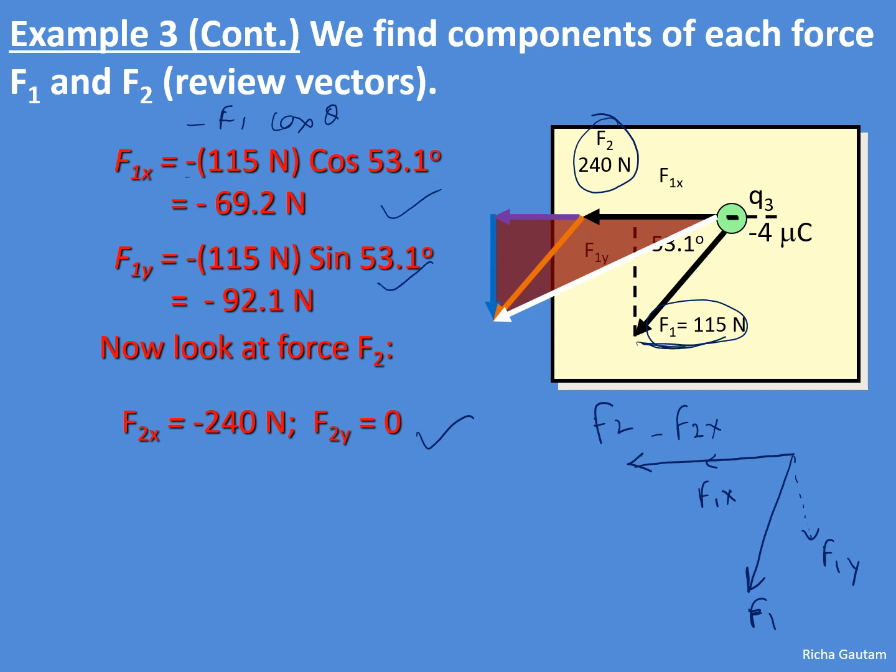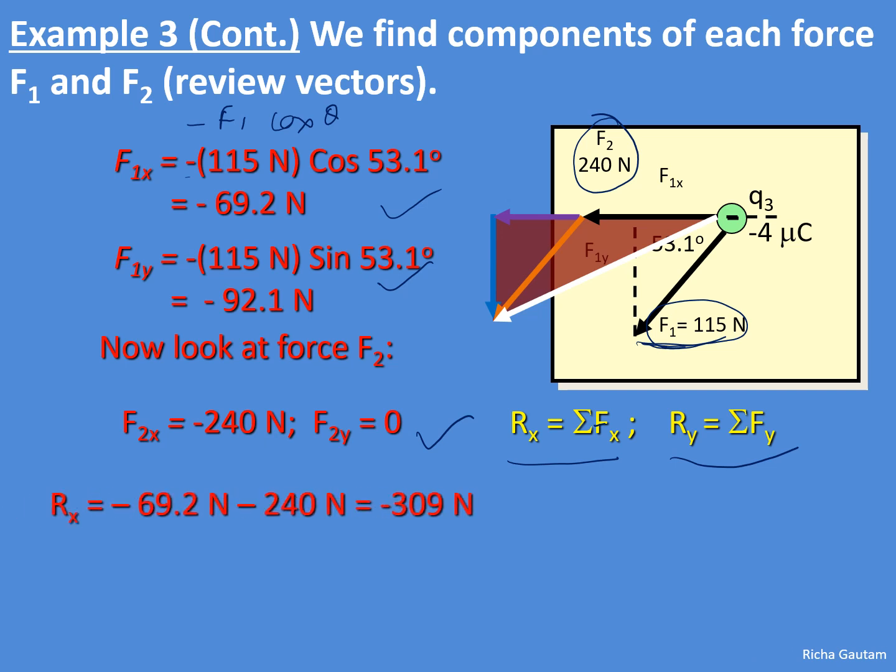So you got these numbers. Once you have all the x components and all the y components, you can find the resultant of the vector. The resultant will be the summation of all the x components and the summation of all the y components.